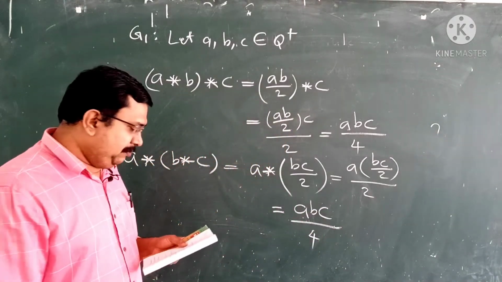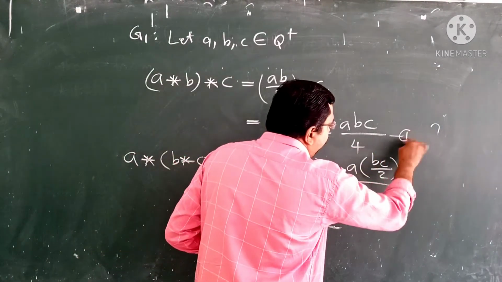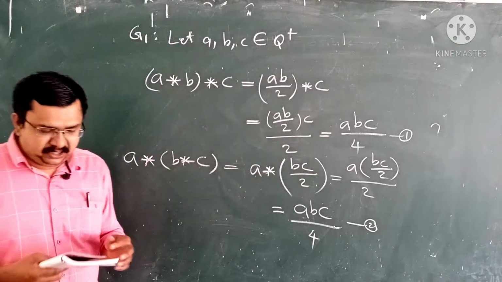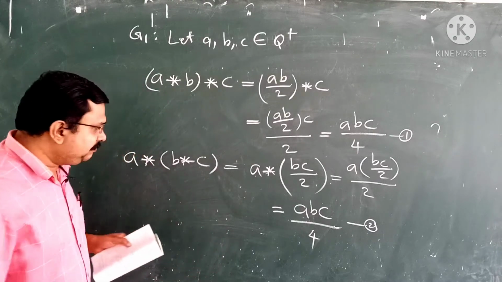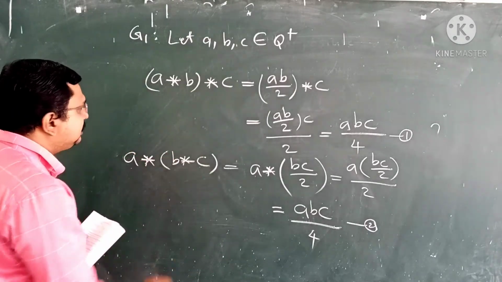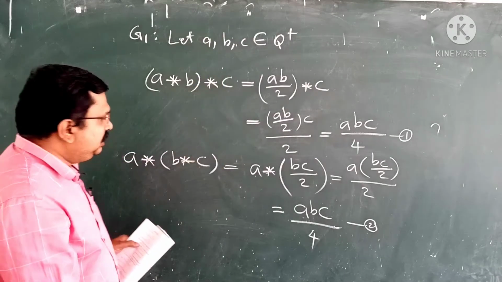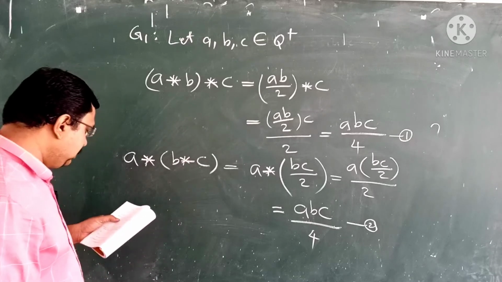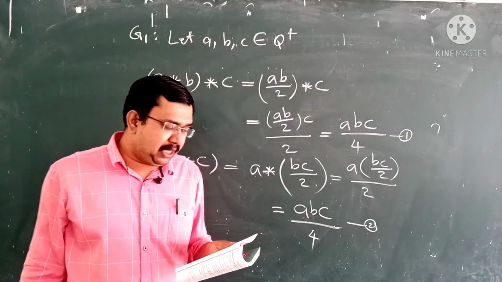This is equation number 1, this is equation number 2. From 1 and 2, it is clear that (a star b) star c is equal to a star (b star c) for every a, b, c belonging to Q plus.